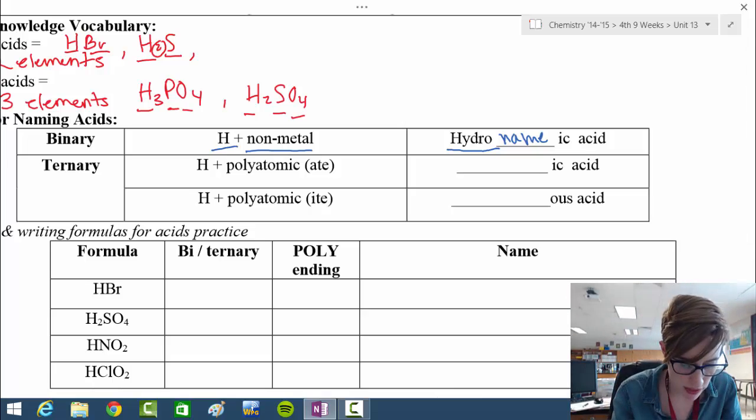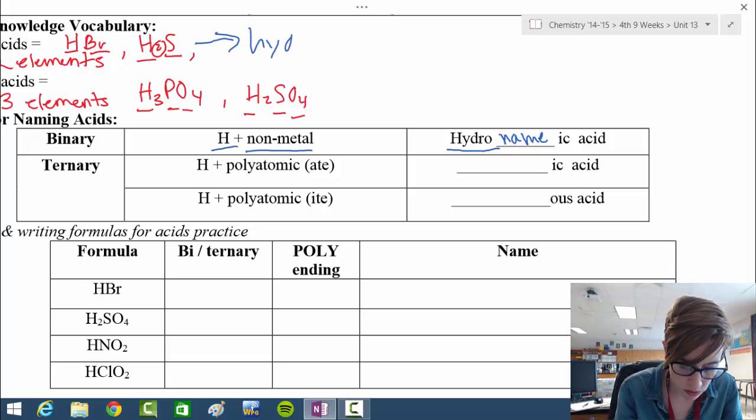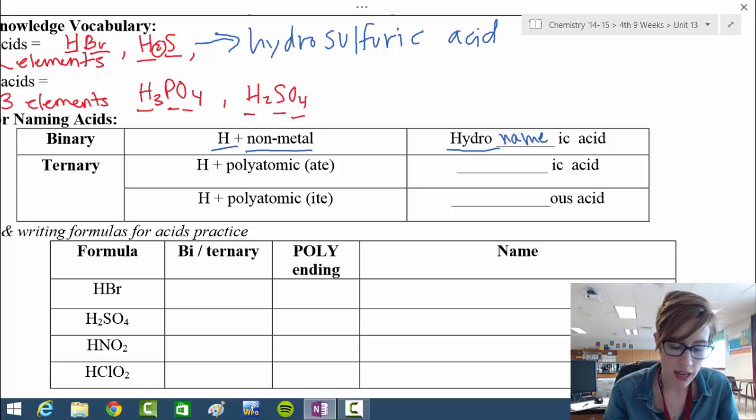So for example, this one is binary, so I would name this hydro, then the name, sulfur, then I add my ic to the end, and then I write acid. So this is hydrosulfuric acid.